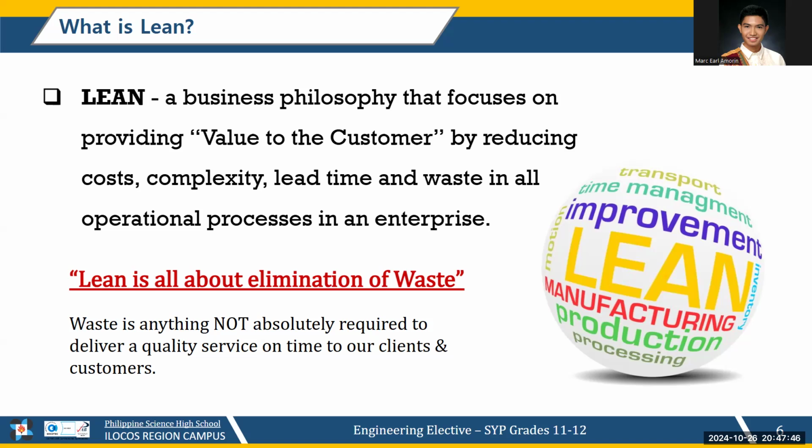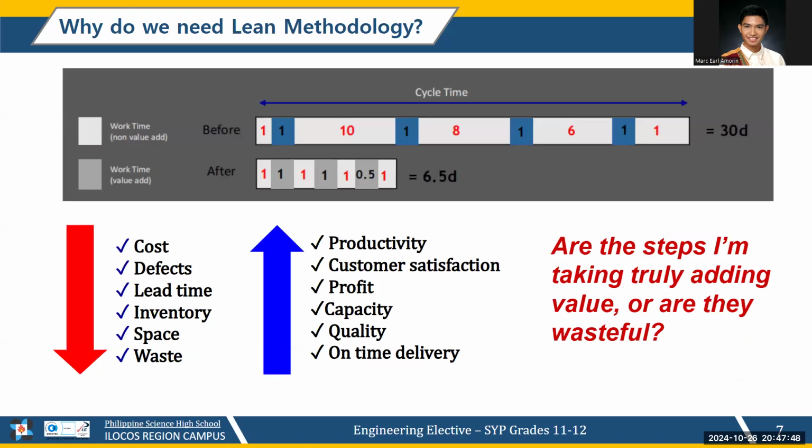So lean helps us to answer the question, are the steps I'm taking truly adding value or are they wasteful? If the steps are wasteful, then lean methodology helps us eliminate those wasteful steps so that we can reduce cost, defects, lead time or the overall cycle time, inventory, even space, and ultimately, reduce or eliminate waste.